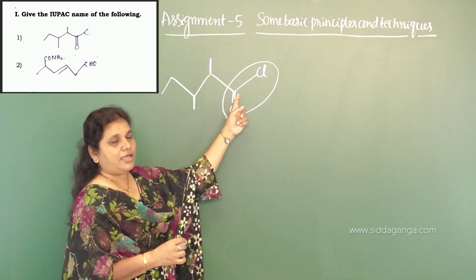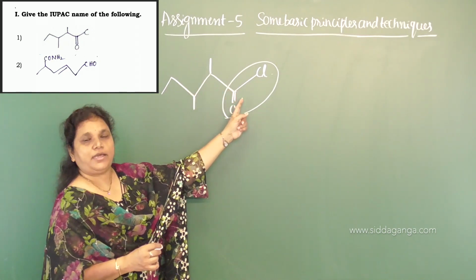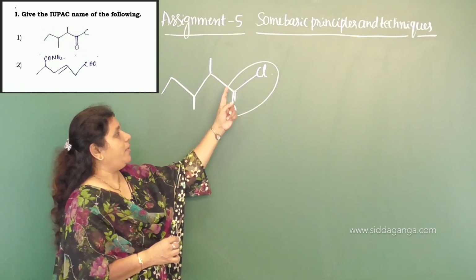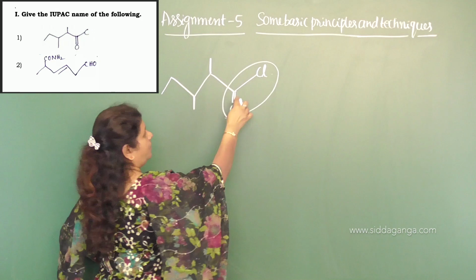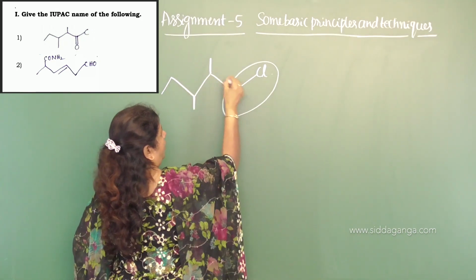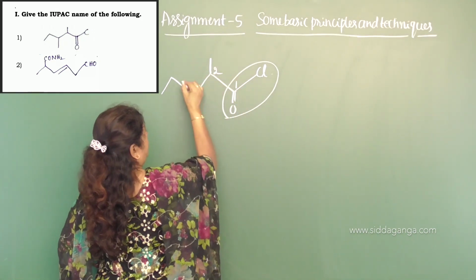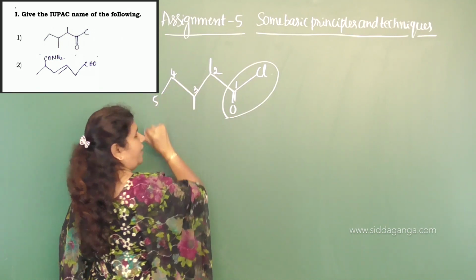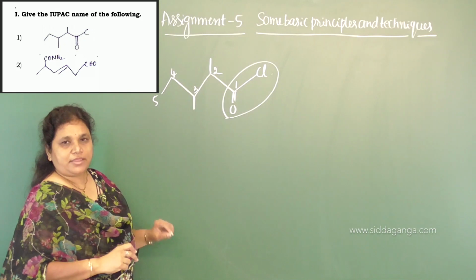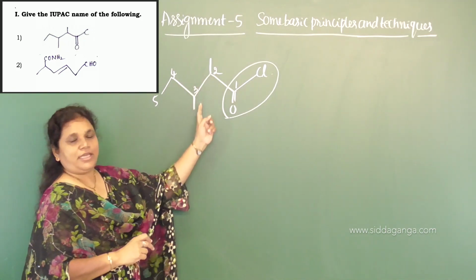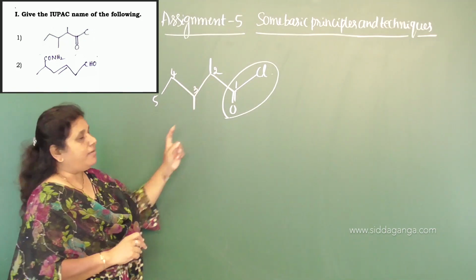As it is a carbon containing terminal functional group, we need to consider the carbon atom in the root word. So give the number from this end, 1, 2, 3, 4 and 5. On the second and third carbon we have methyl groups, therefore two methyl groups are there, it is nothing but dimethyl.